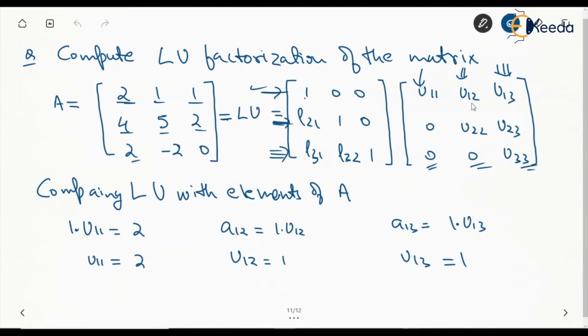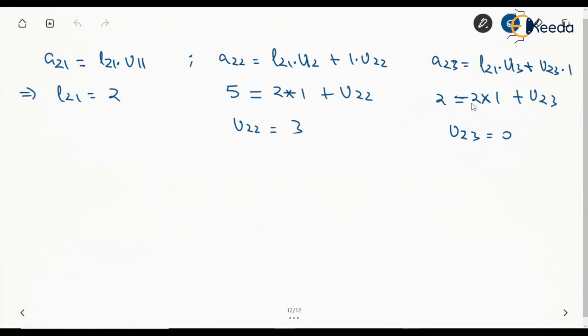third row of A, and we will find this by multiplying third row of L with first column of U, second column of U, and third column of U, like that. So this is going to be A31 is equal to L31 into U11. U11 is already known, so A31 is 2, so L31 becomes 1.